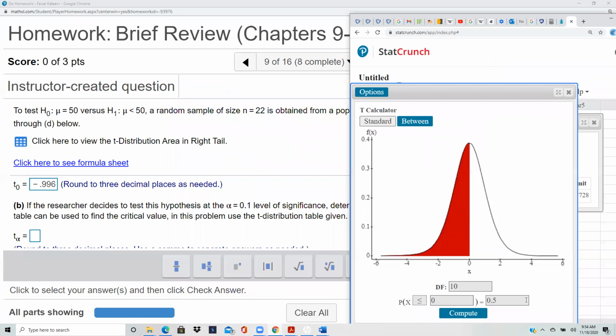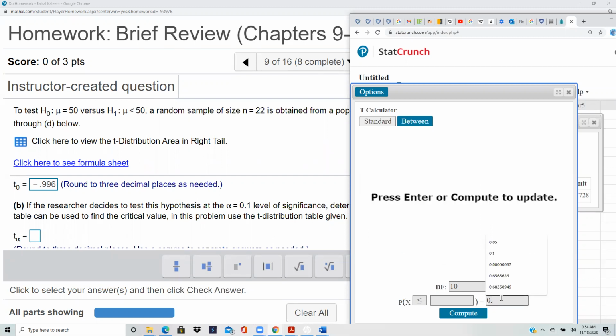The alpha would go in the area box, 0.1. But I'm not sure what would go in which box.